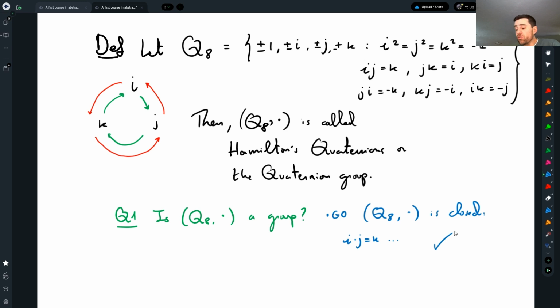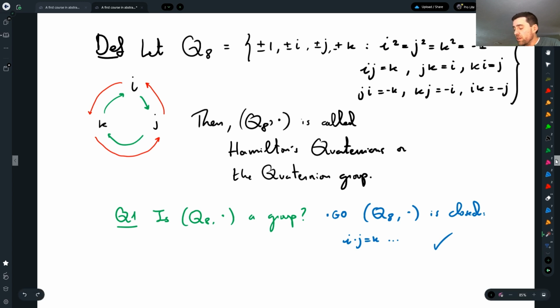The signs plus or minus 1 act like you would imagine. Minus 1 times i is minus i, etc. And all the other multiplications of i's, j's, and k's are defined and described by those relations that are described in here. So it is closed in the multiplication.